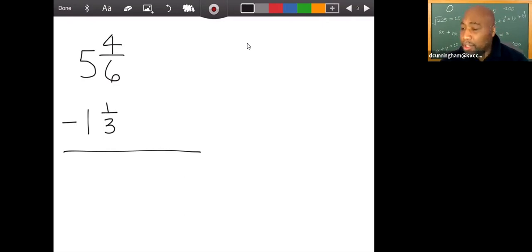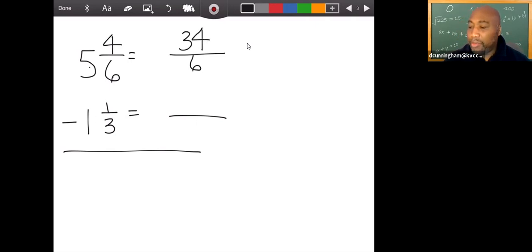Let's convert each of these to improper fractions and then find the common denominator. So I'm going to start on the top. 6 times 5 is 30, and then this would be 34 if I'm not mistaken. And then the same thing, 3 times 1 is 3, plus 1 is 4. So this is 4 over 3.